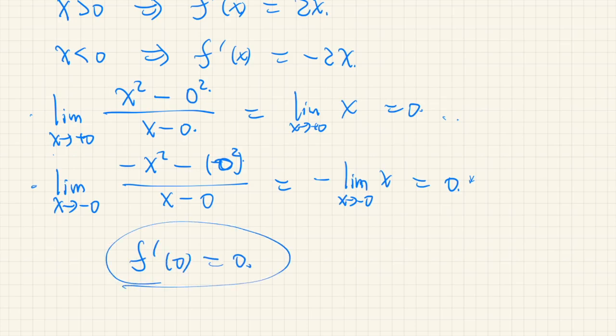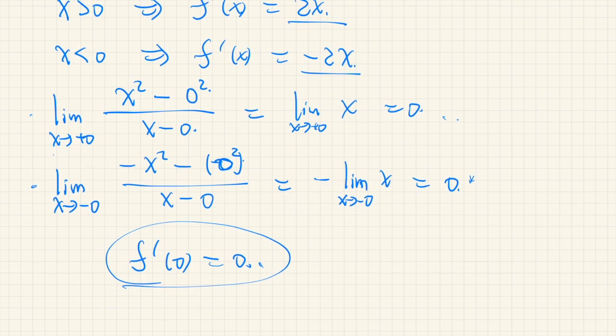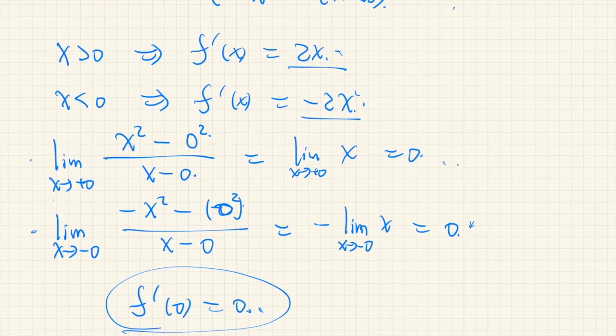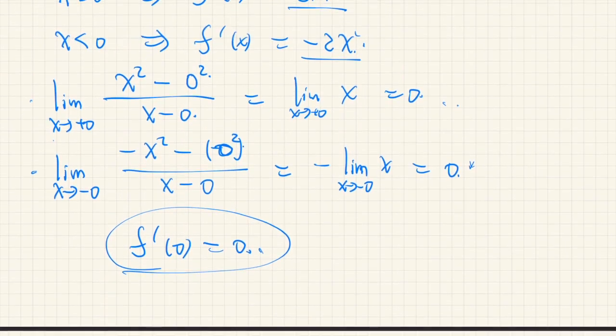So we can define this derivative: either this when x is positive, or this when x is negative, and 0. And this is a continuous function, right? So we can actually summarize these three cases in just one expression. That is, f prime of x is equal to 2 times the absolute value of x, right?